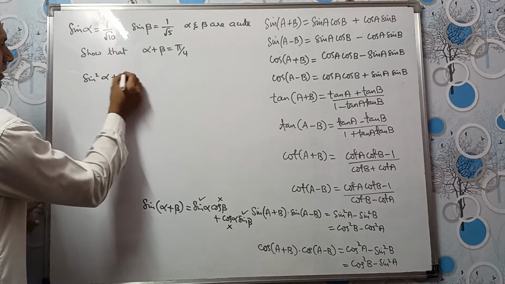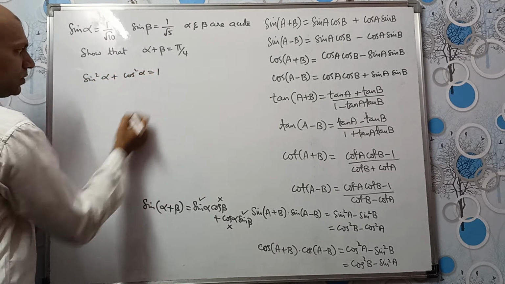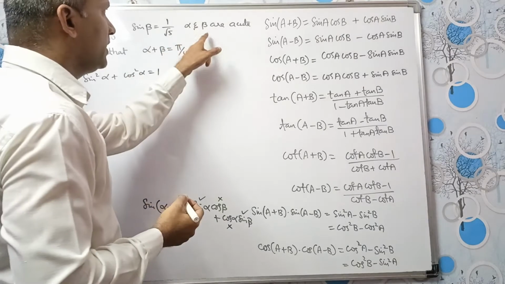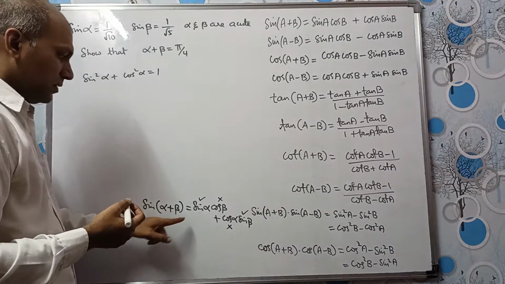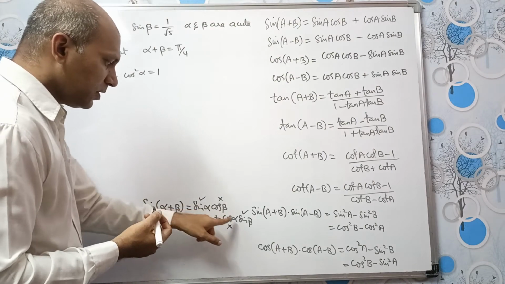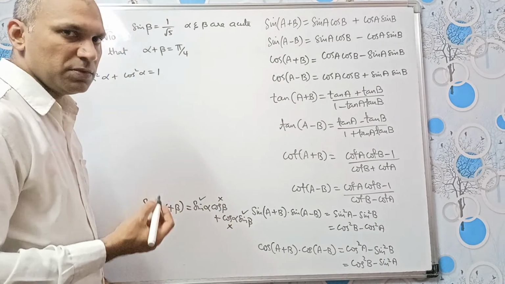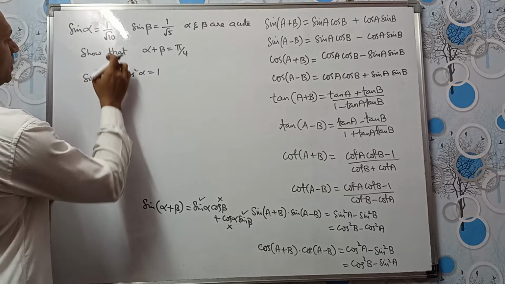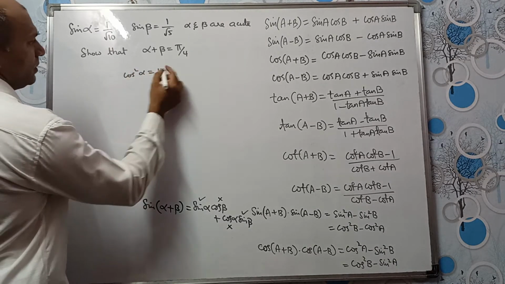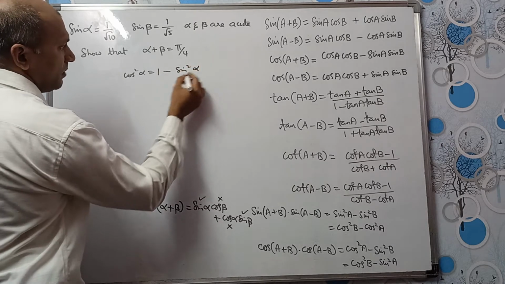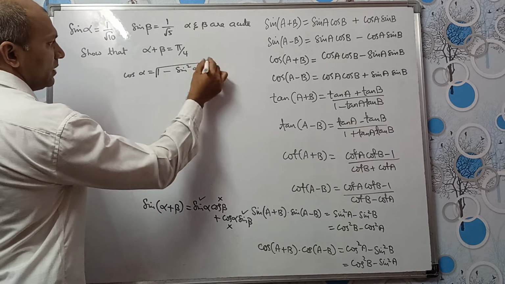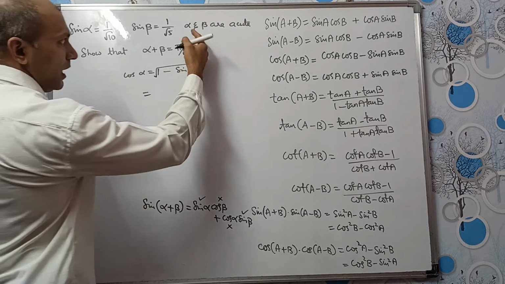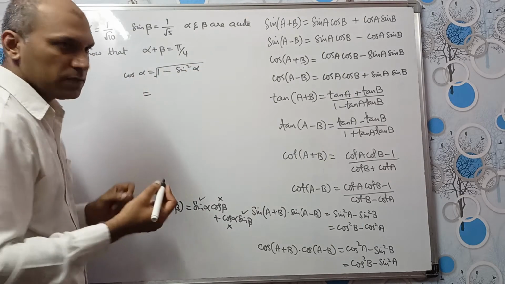Okay. Sine square alpha plus cos square alpha is equal to 1, right? And alpha and beta are acute, which means cos beta will be positive, cos alpha will also be positive. Okay, let us find out. So sine alpha is given, right? So if you send sine square on the other side, it will be 1 minus sine square alpha. Send square on the other side, it will be plus minus root, but alpha is acute, so I am taking only plus value.